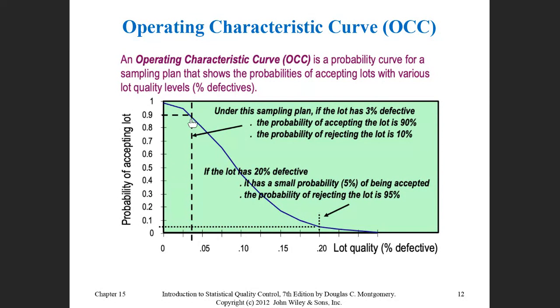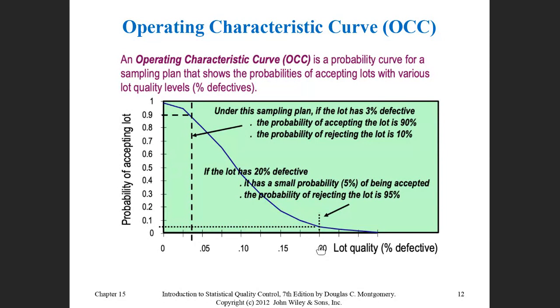For example, here, if there is 3% defective, then the probability of accepting this lot will be 90%, and the probability of rejecting this lot is 10%. Whereas if you have 20% defective found in the lot, that means the probability of accepting it will be 5%, and the probability of rejecting will be 95%.